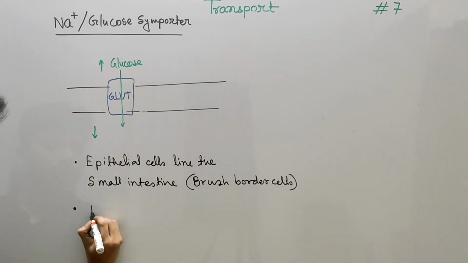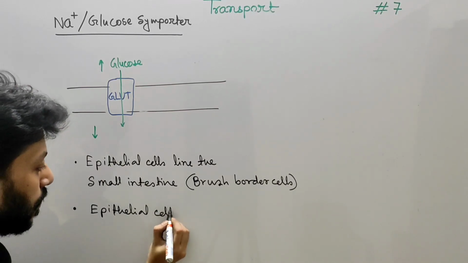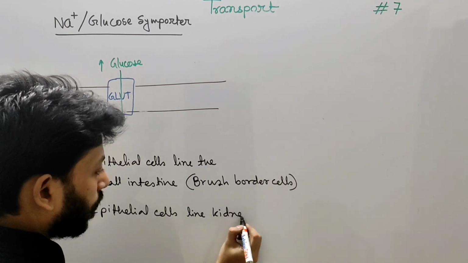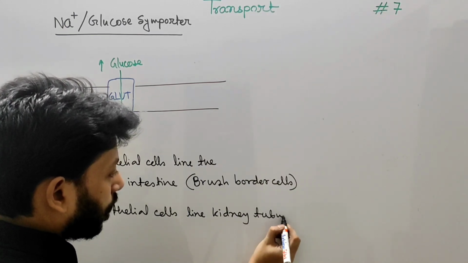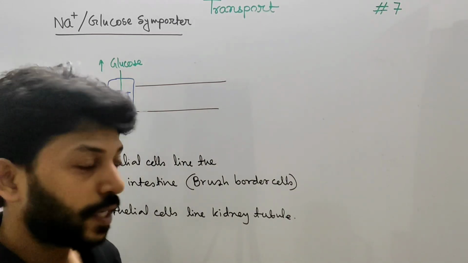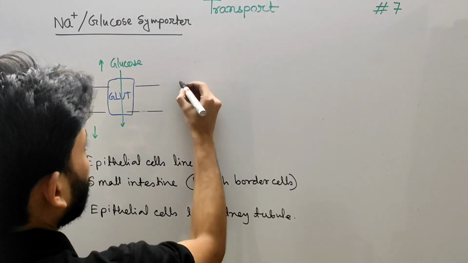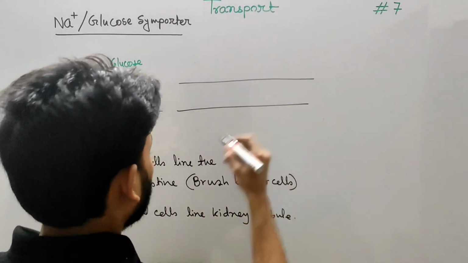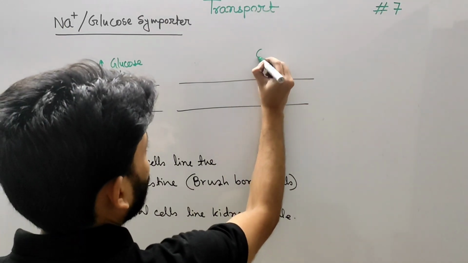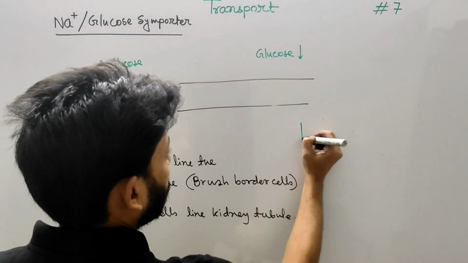And the second case is epithelial cells that line the kidney tubule. In these two cases, the scenario is different. In these two cells, what happens here? Suppose this is the concentration of glucose: outside is low and inside is high.